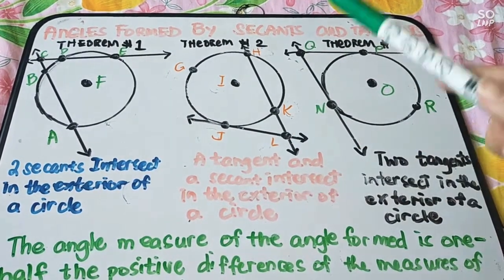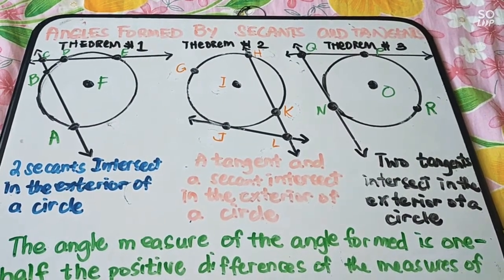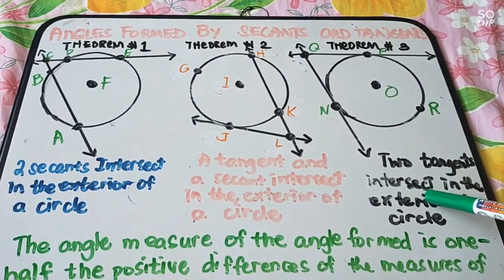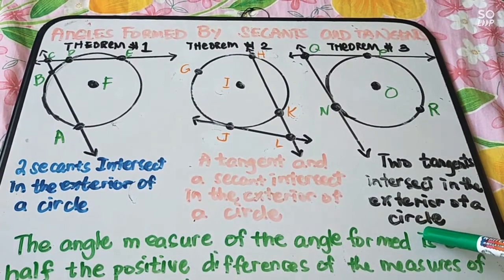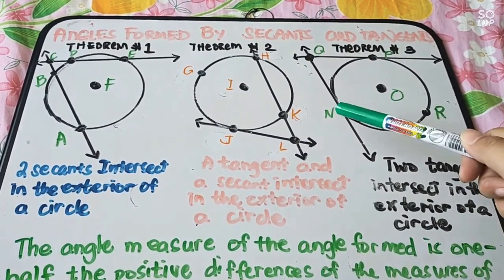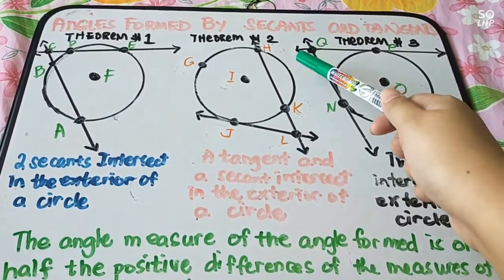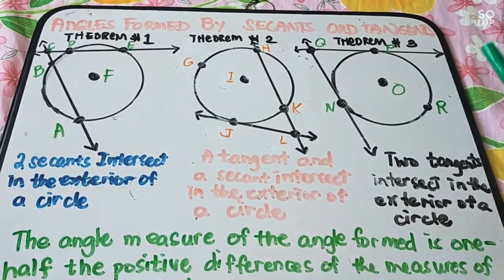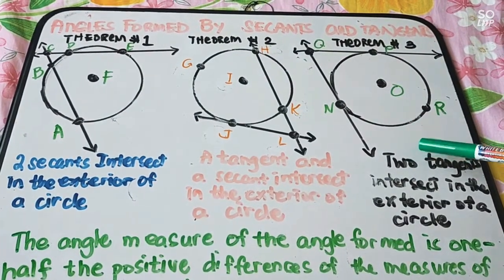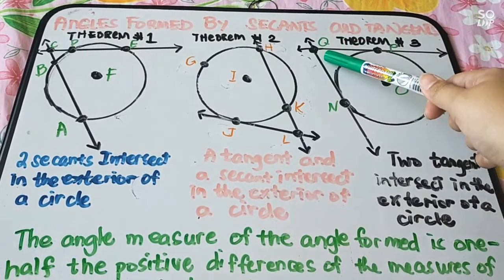That is the second situation. Now, let's move with the third one. We have here two tangents that intersect in the exterior of a circle. Our tangent lines here are line QN and line QP, which intersect at the exterior of the circle, which is point Q.